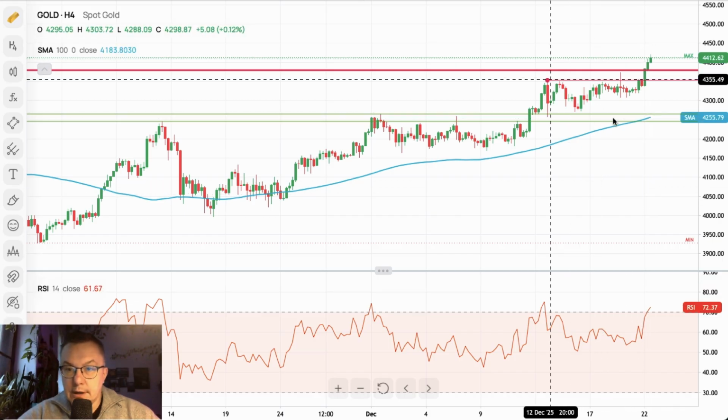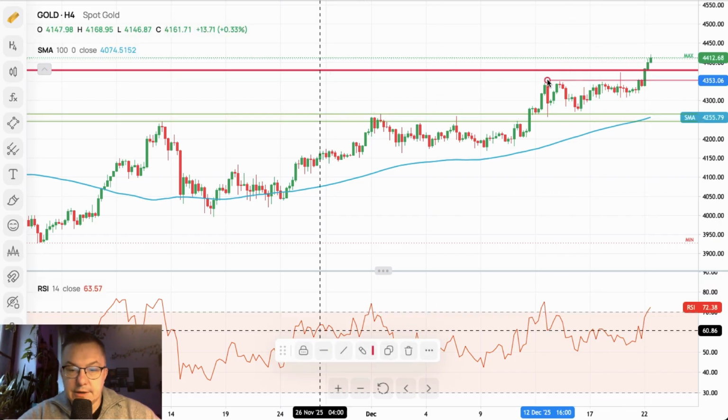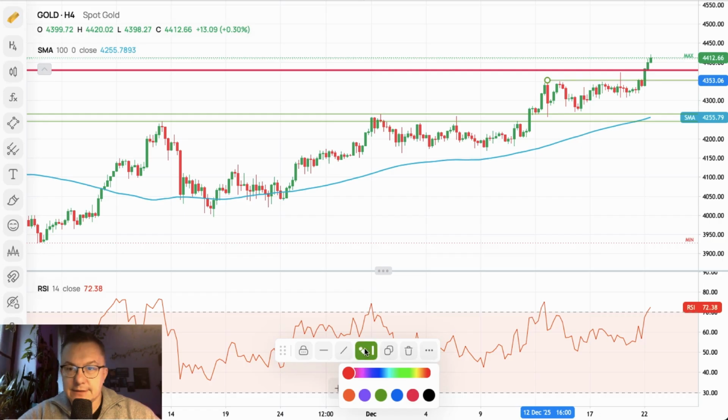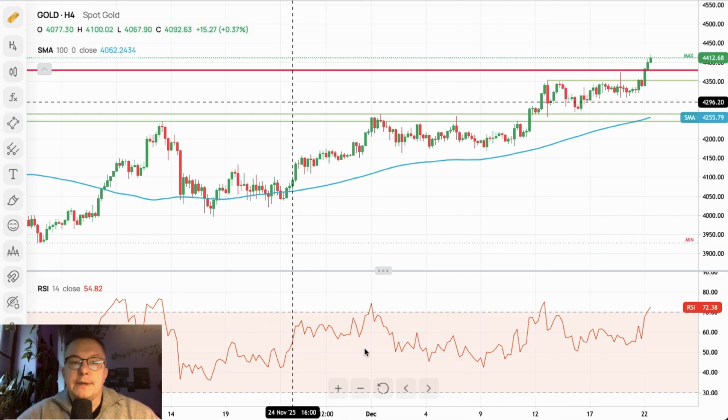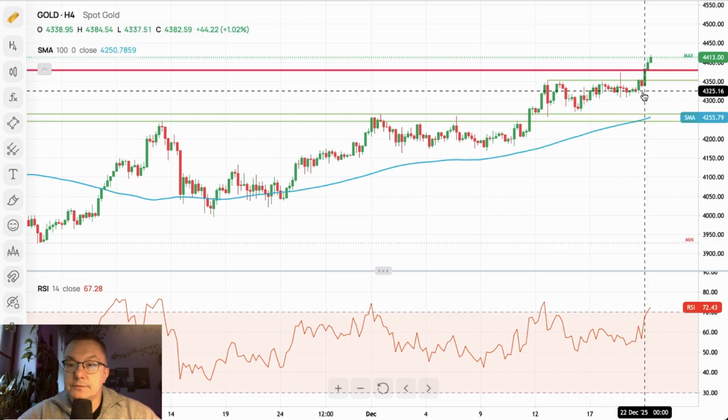Obviously, the level of 4,354 will now act as the technical support. So the movement to the upside on gold has been revoked, and it looks like the next target for gold might be $4,500.